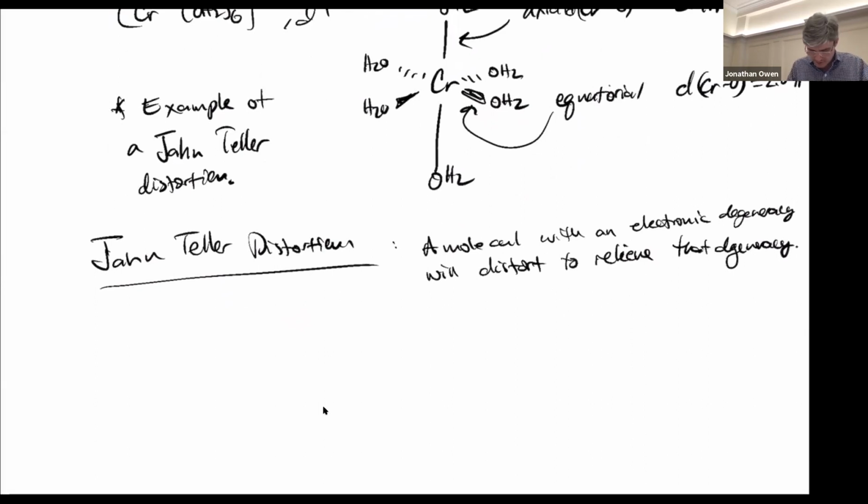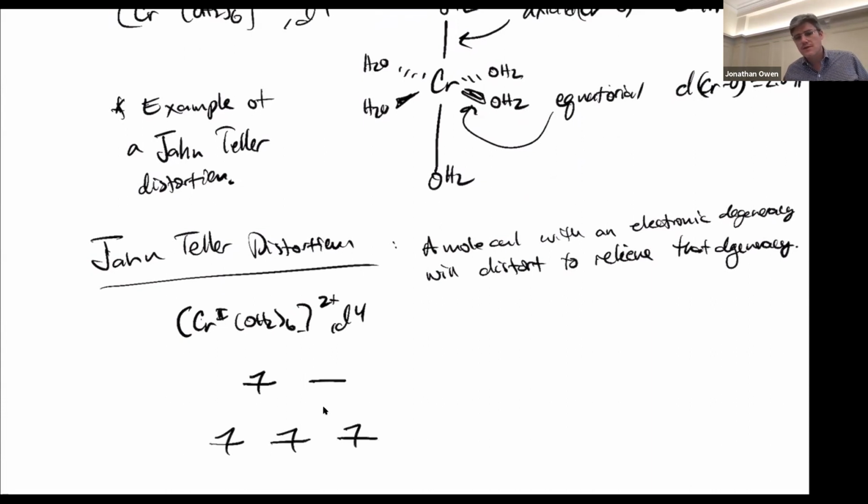So let's take a look here for a second at this chromium 2 hexaquo ion 2 plus D4. In octahedral symmetry, it has an eg, which is dz squared, dx squared minus y squared, t2g, xy, xz, yz, right?